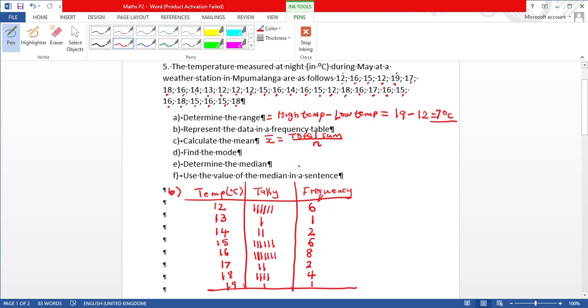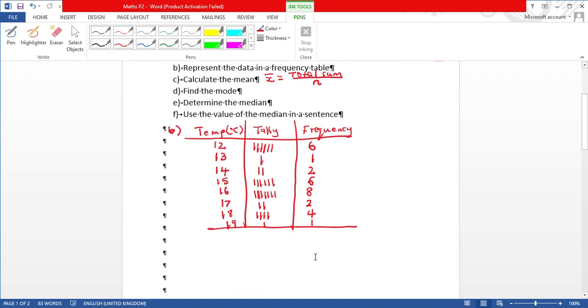And remember, since we've represented our information in a frequency table, we can easily work out the n. So the way we're going to do that is we're going to sum the frequencies. You have to sum all the frequencies.